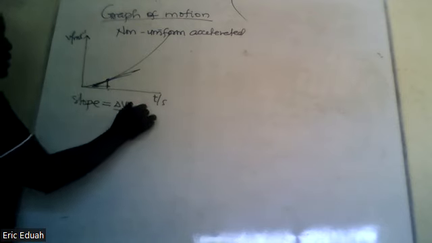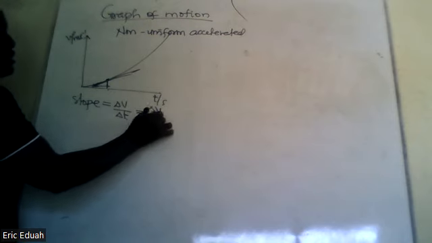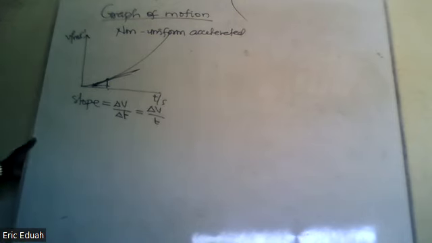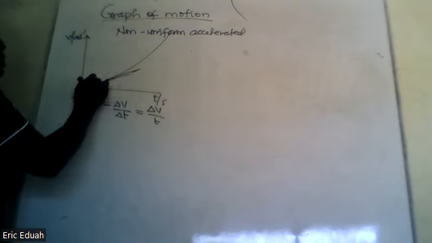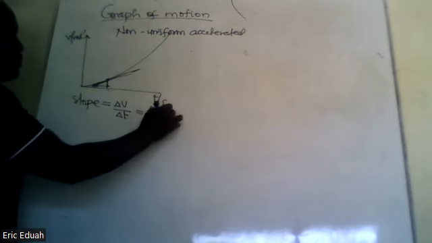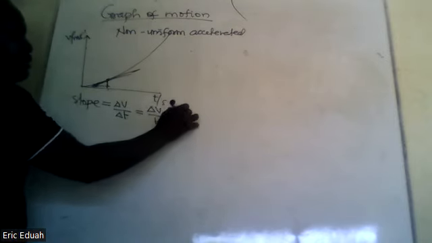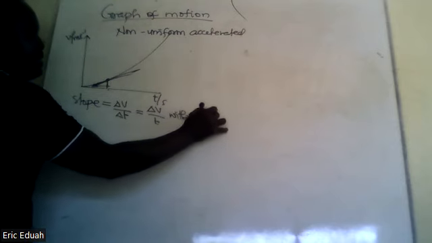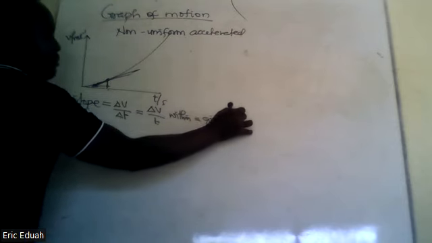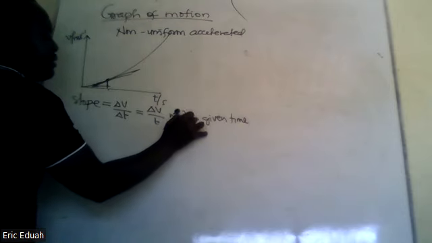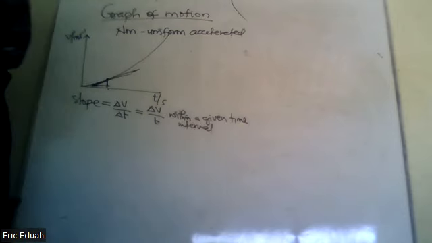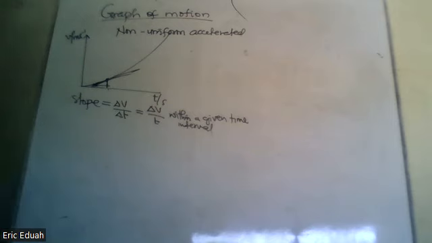So delta V on delta T will give you the acceleration within this time interval, within a given time interval.